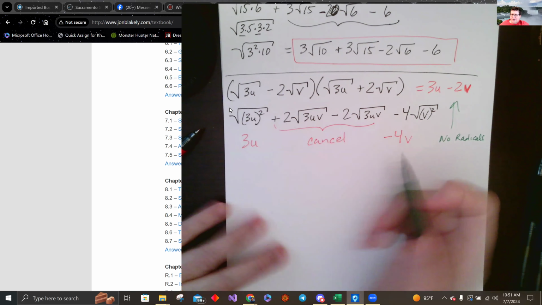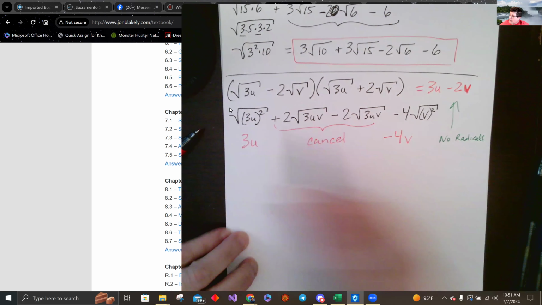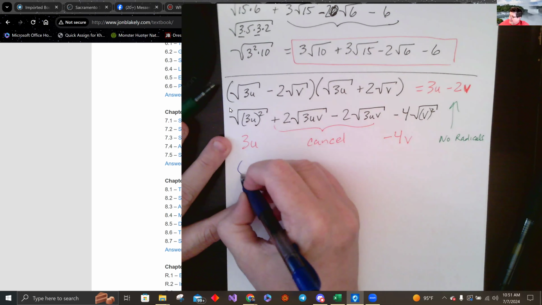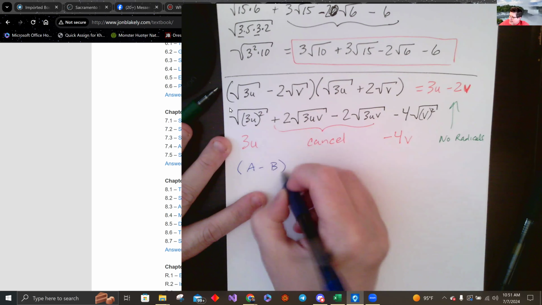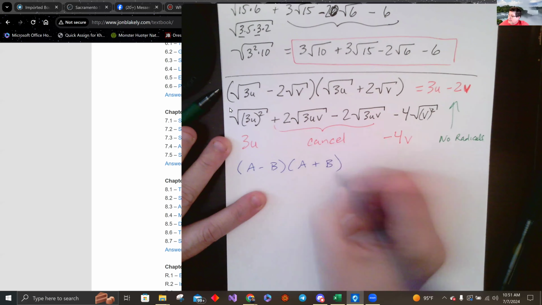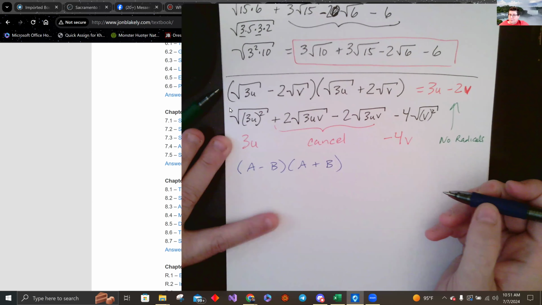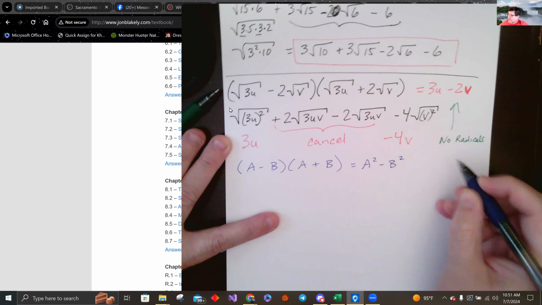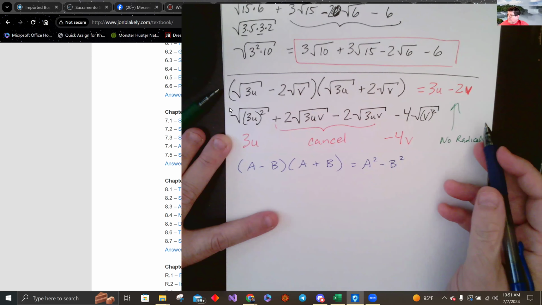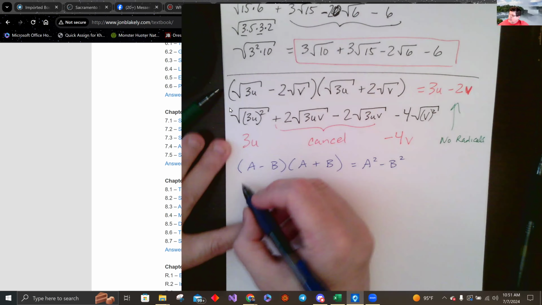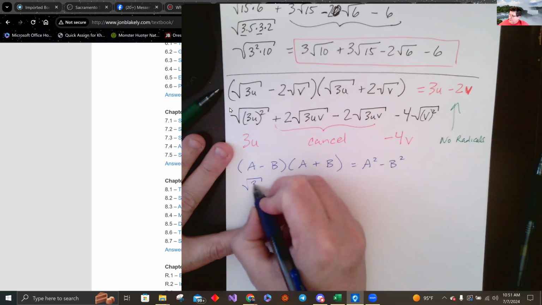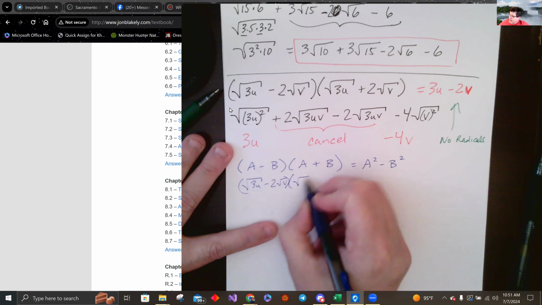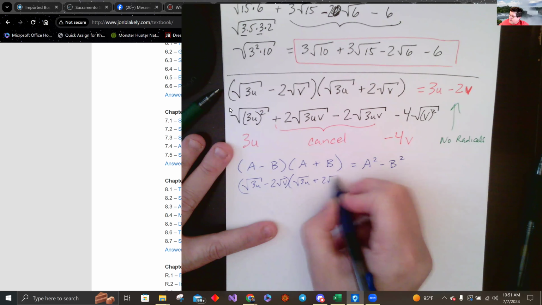This may look familiar from when we did factoring. What we have going on here is this looks like a minus b times a plus b. And if you remember back from factoring, that was a squared minus b squared. 3u minus 2 square root of v, 3u plus 2 square root of v.